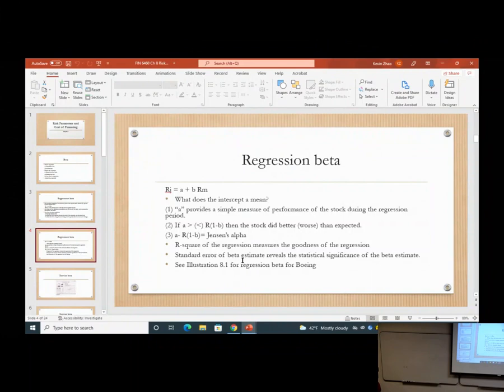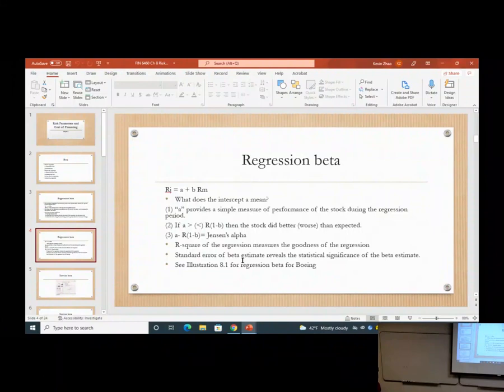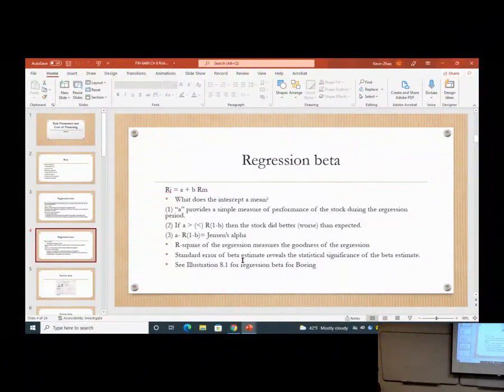Assuming. But somehow, things could be very different. You see? And also, statistically speaking, this beta may not be that reliable at all in your regression. Like its statistical significance and the fitness of the entire regression model, reflecting R-squared.